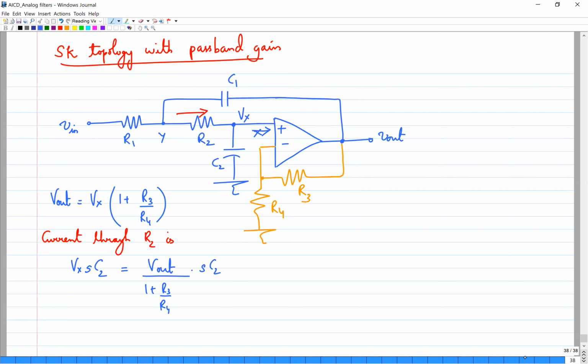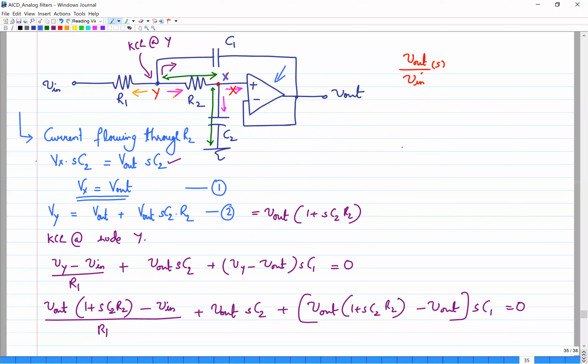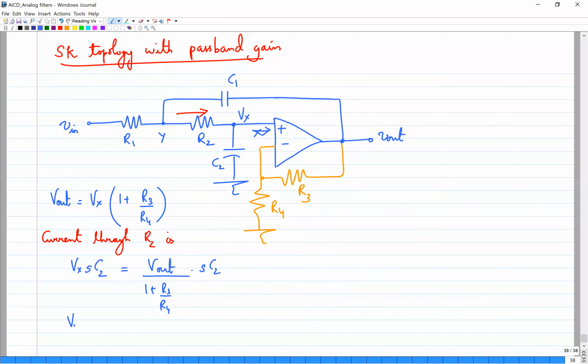I am following the same procedure. First I have written the current through R2, and from there I wrote Vx, but here Vx is not equal to Vout; there is a relation with 1 plus R3 by R4. Now I'll write what is Vy. Vy can be written as the drop across R2 plus Vx.